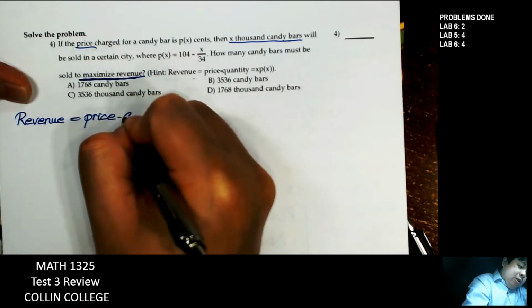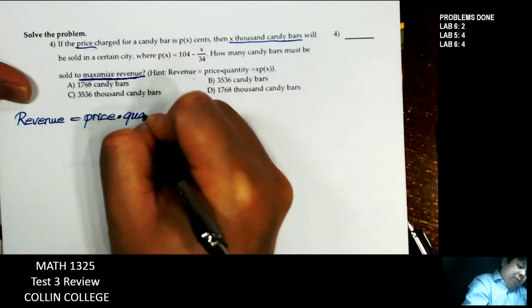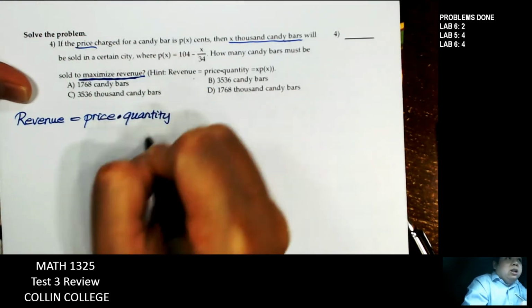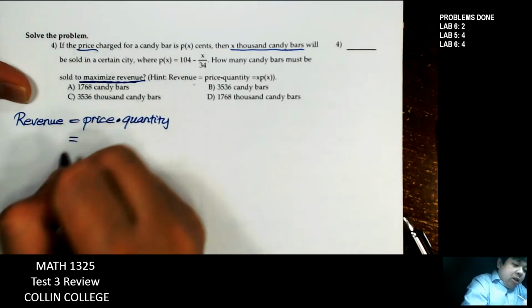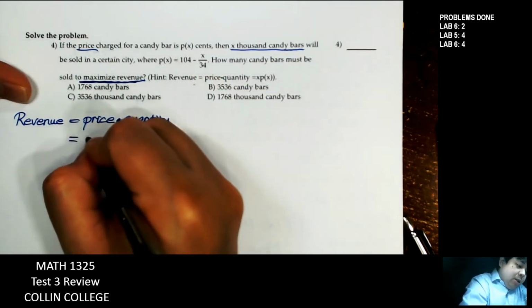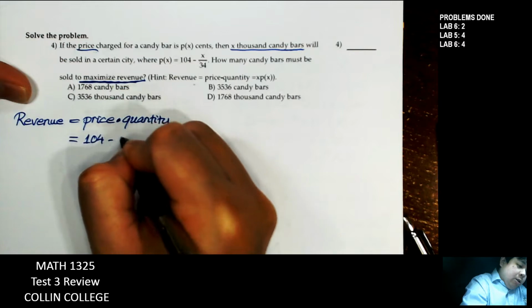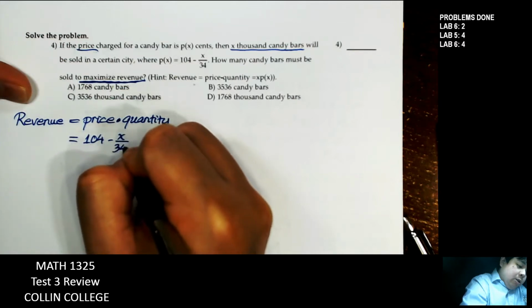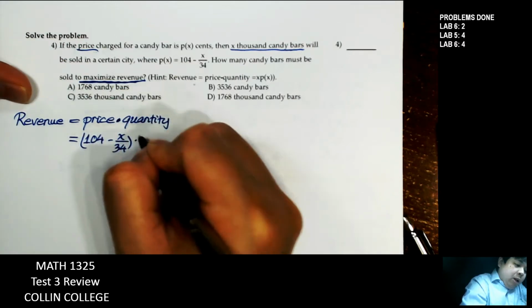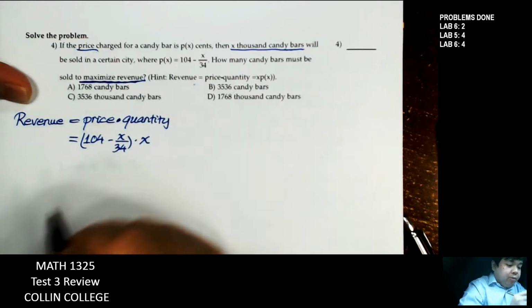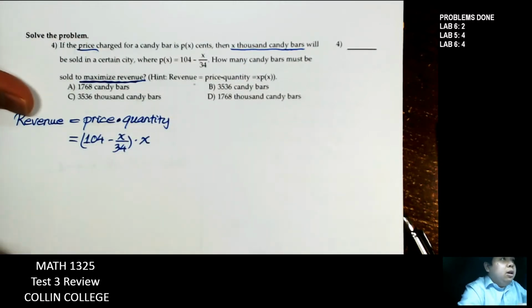So we don't have the function directly. First, revenue is the price times the quantity. The price is that.